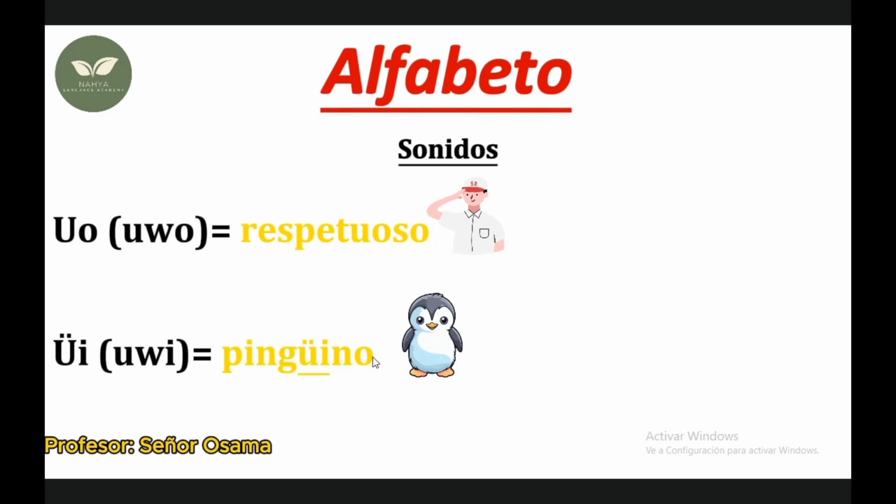And we have another word, and it is this. Also this is uwi, but this is uwe, and we find this in the word vergüenza. Okay, both are correct. Vergüenza, which means shame.